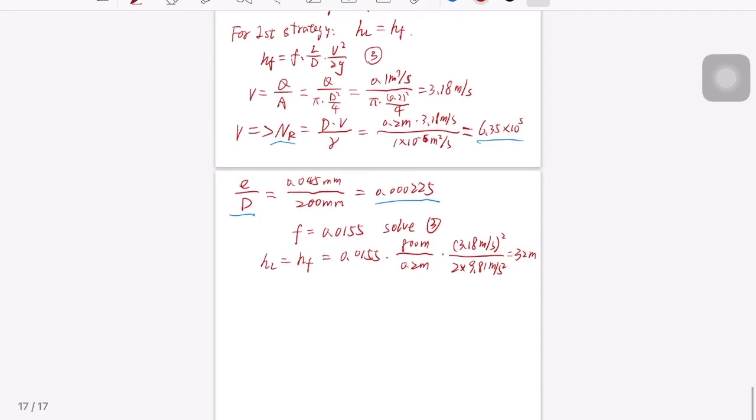Now for the second strategy, the total head loss equals Hf plus Hc plus Hf prime.